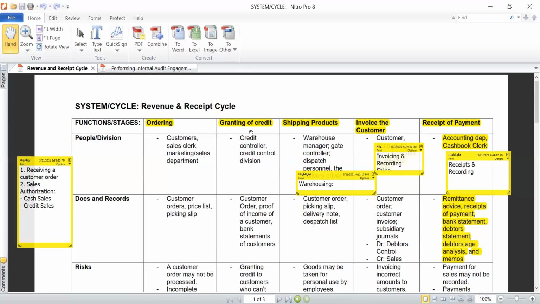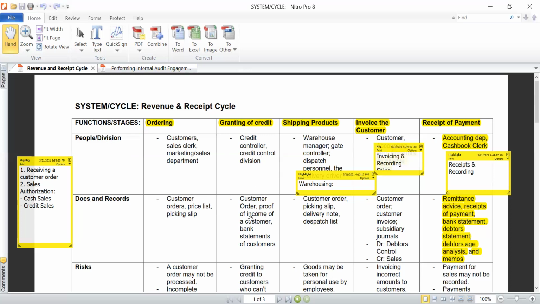In that process, we also see the following documents being used. We see the use of customer order forms, right, which have been initiated at the ordering stage by the sales department. There's a copy that is sent to these guys as well, so that they can do the authorization process.